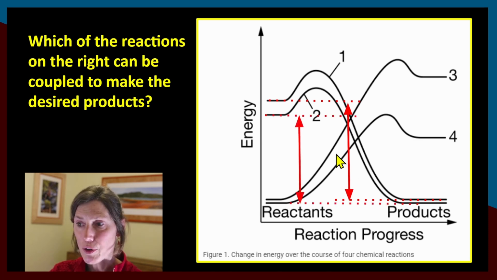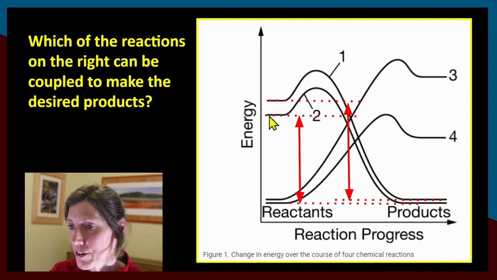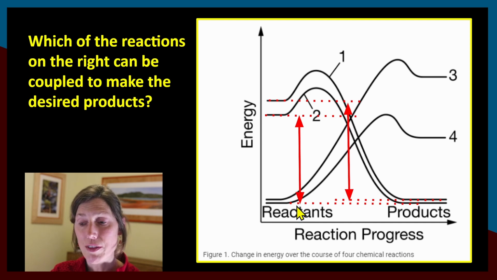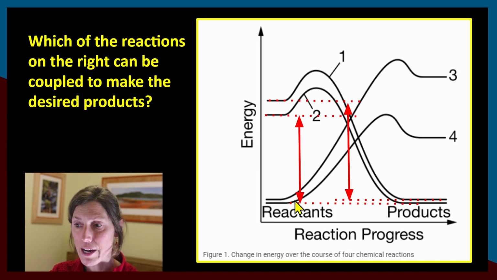Similar for the second curve. Again, the energy of the reactants is much higher than the energy of the final products. Again, this is an exothermic reaction resulting in an energy release. The amount of energy released by the second reaction is slightly less than the first reaction.